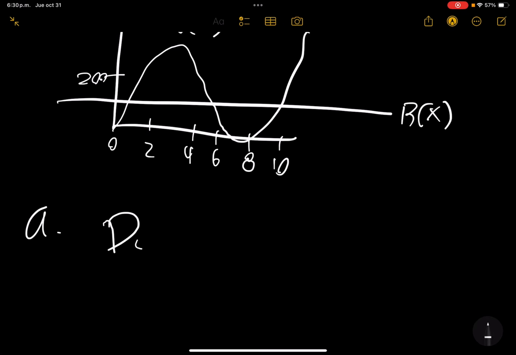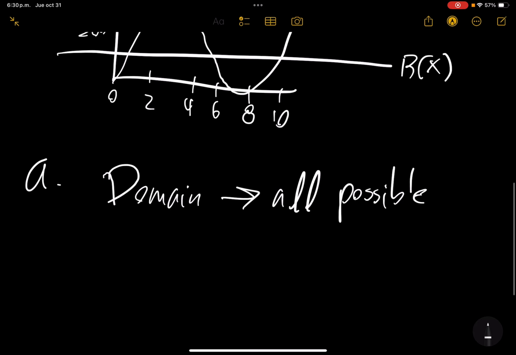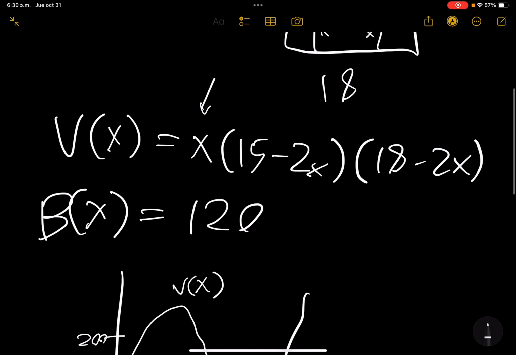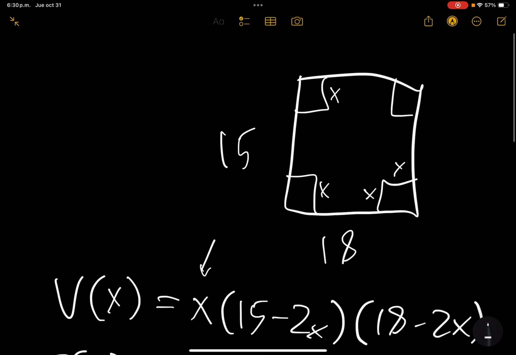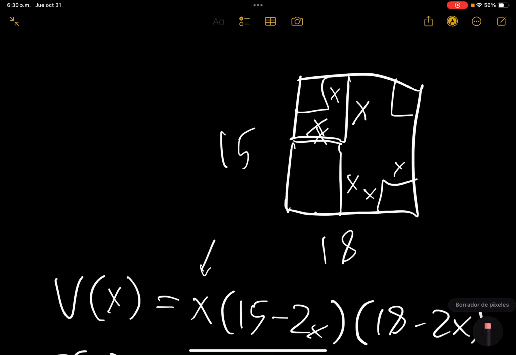Well, domain is all possible, I'm sorry about my handwriting, all possible x values. So, x in this case is what? Well, it's how much we've cut out of this little piece of paper. So at what point could you stop cutting piece of paper? For me, I'd say, well, if we got x to be like this big, this is x and this is x, and then on the other side it would also do x and x, we run out of paper.